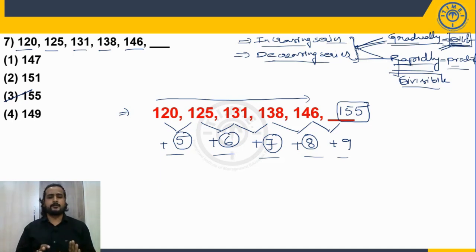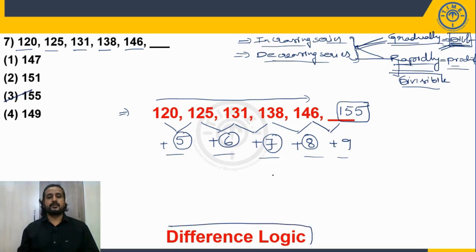All this you can apply. So what logic does it come under? Difference logic. What is the difference? Difference of consecutive natural numbers. So choice 3.